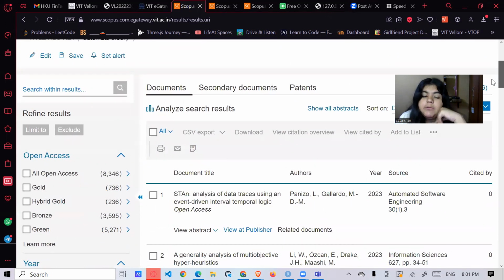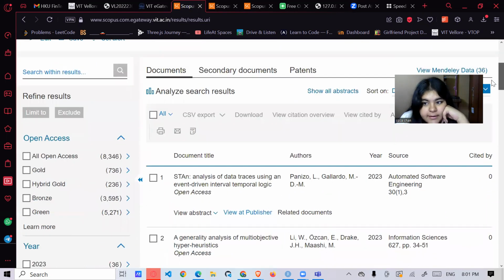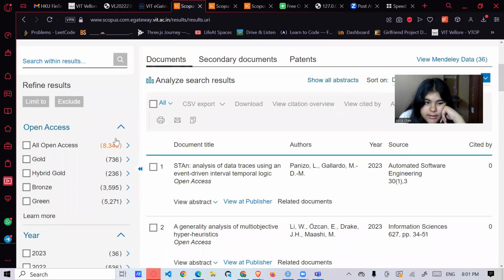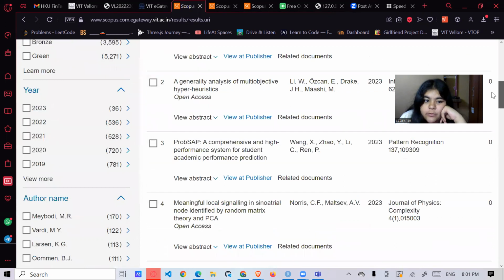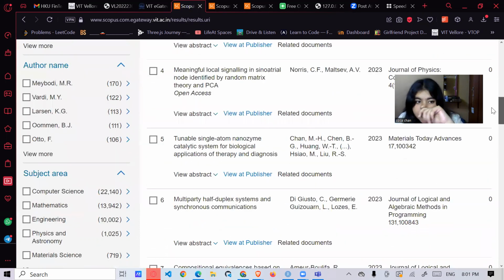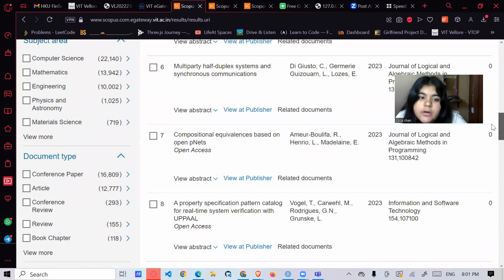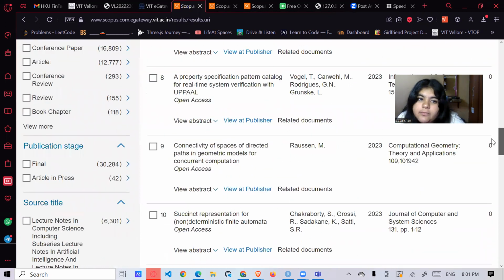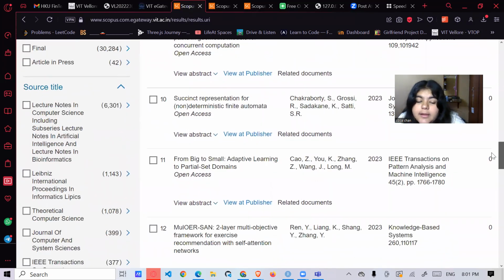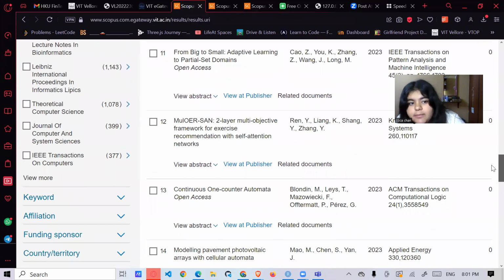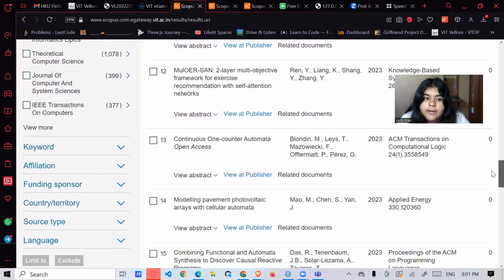Now we can refine our results based on whether they are open access or not, what years they were published in, who the authors are, what subject area it is related to, and the document type: is it a review paper, a conference review, an article, a book chapter. You can also filter by titles, keywords, affiliation, or funding sponsors.